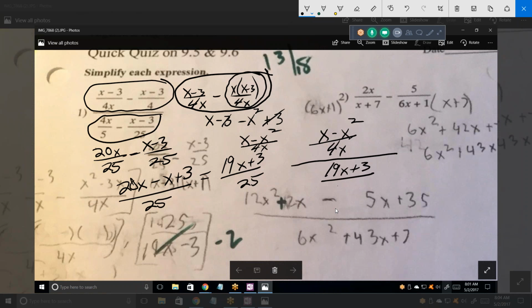My answer over there. And now, how do you divide a fraction by a fraction? Common denominator. You flip and multiply. So I'm going to multiply that by 25 over 19x plus 3. So let's do that math. What's that give you?